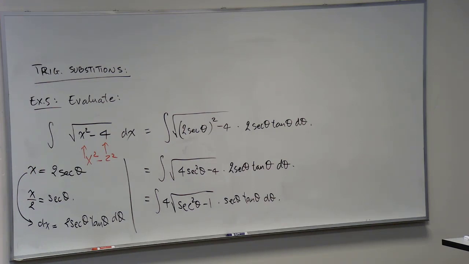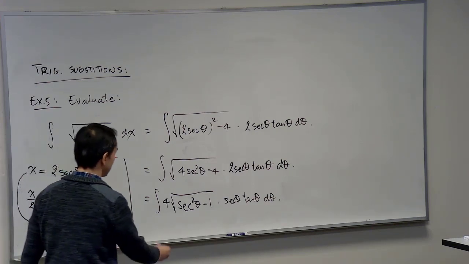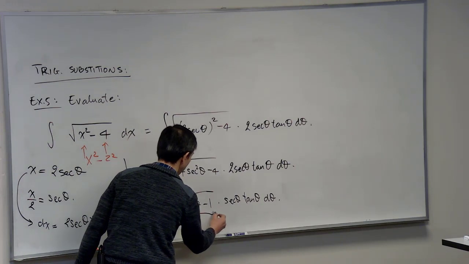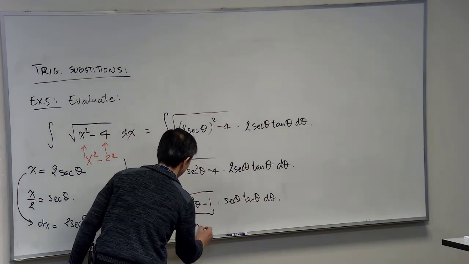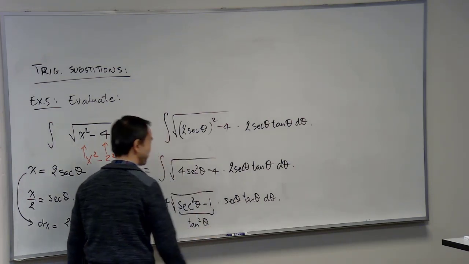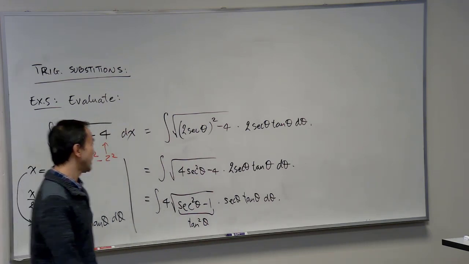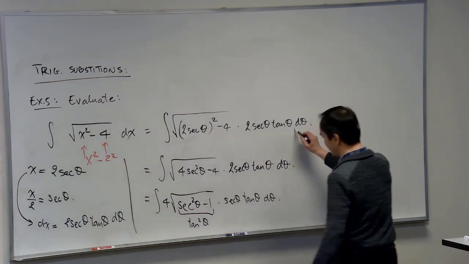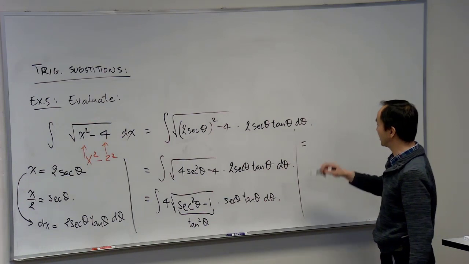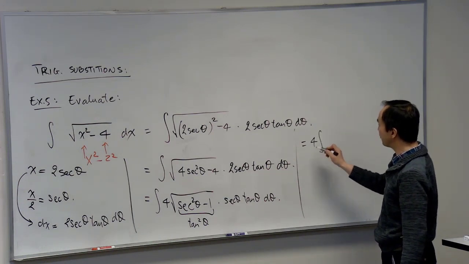And then again, you can remind yourself that secant square minus 1 is famously known to equal tangent square, right? So in the next step, my integral can become, I can pull that coefficient 4 out front.